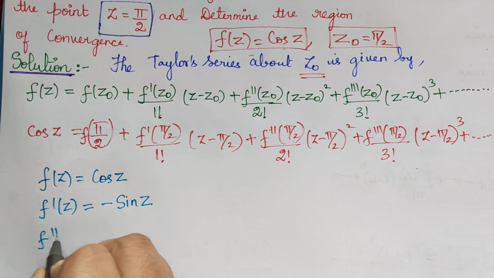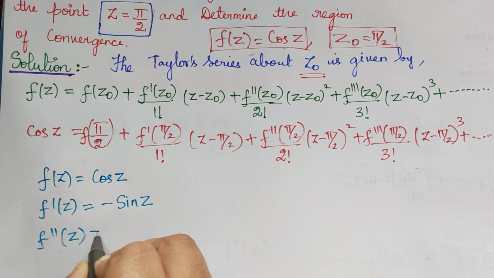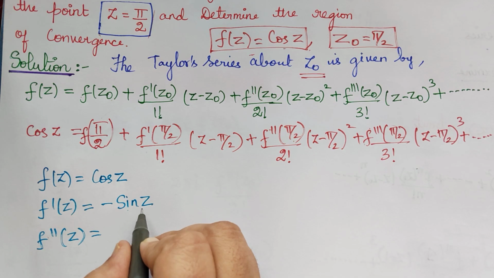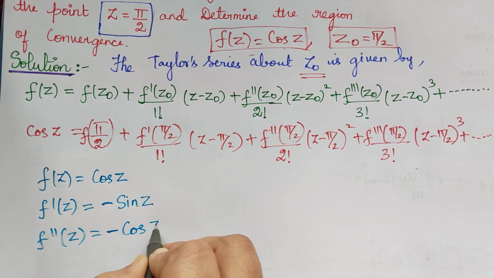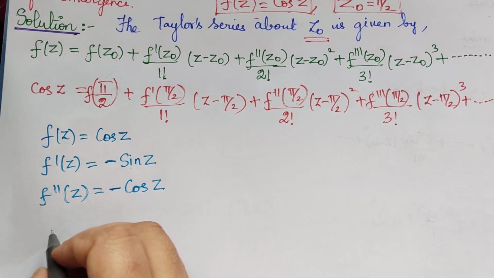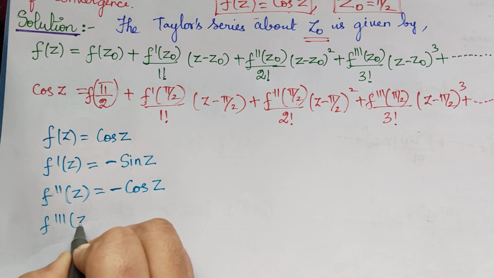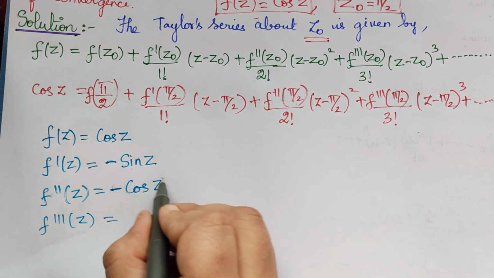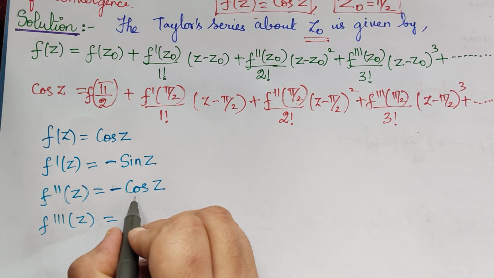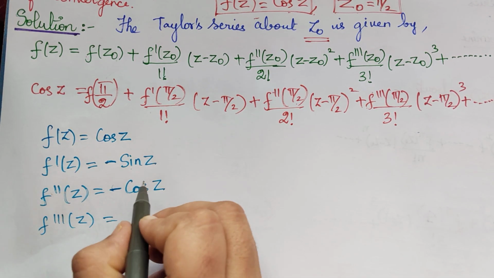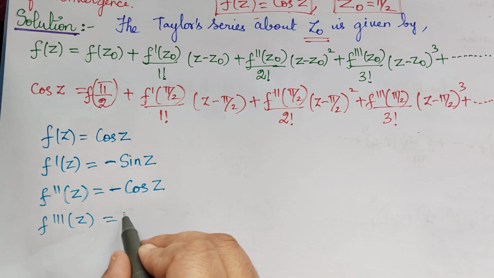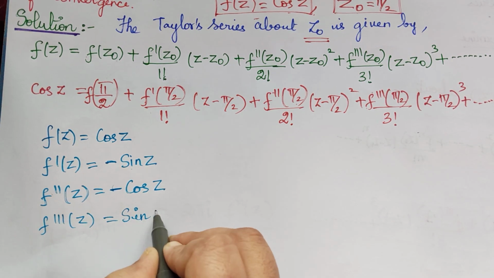From this we can obtain f double dash of z. The differentiation of sin z is cos z, and because of this minus, we will have it as minus cos z. And then f triple dash of z is the differentiation of this; the differentiation of cos z is minus sin z, and since already we have a minus, it gets multiplied and becomes positive, and we get sin z.